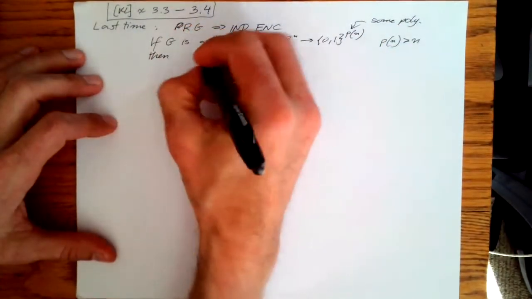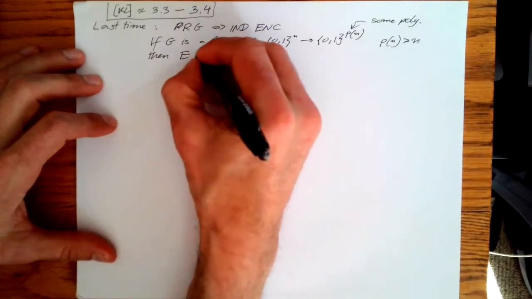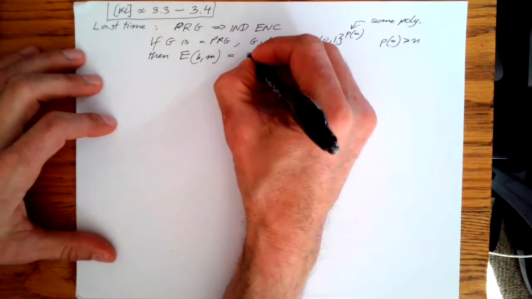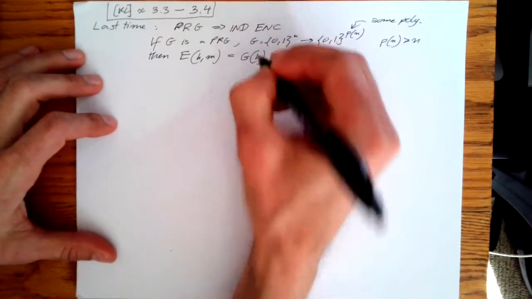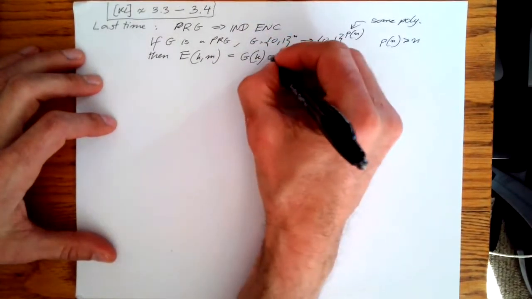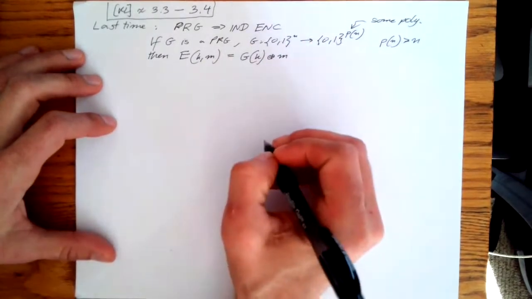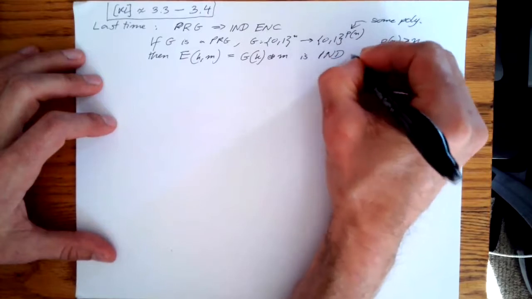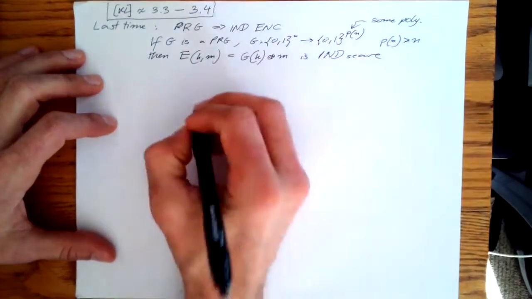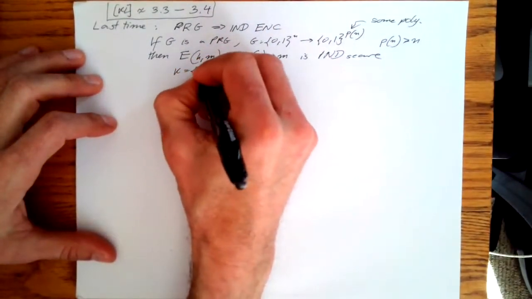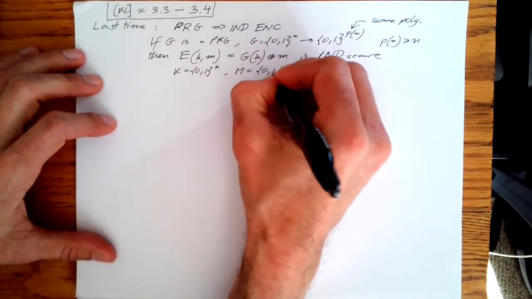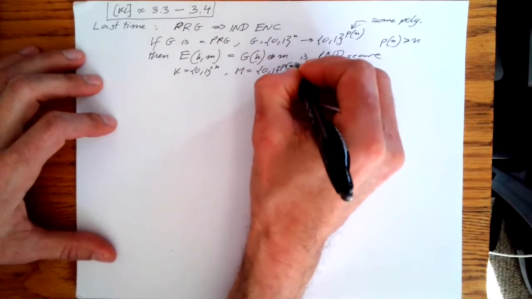Then, if you encrypt like this, the encryption takes the key and a message and outputs just the expansion of the key using the PRG, XORed with the message, is secure. And the key space is n-bit strings, but the message space is p(n)-bit strings.